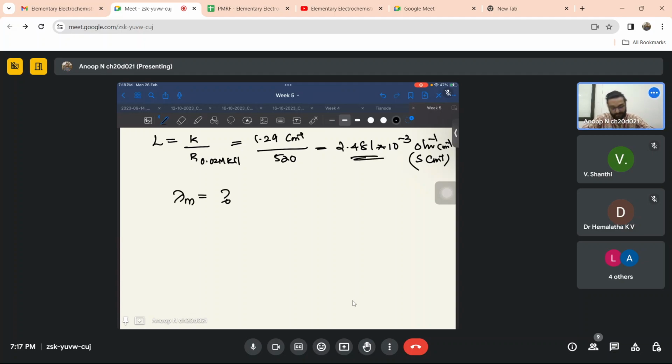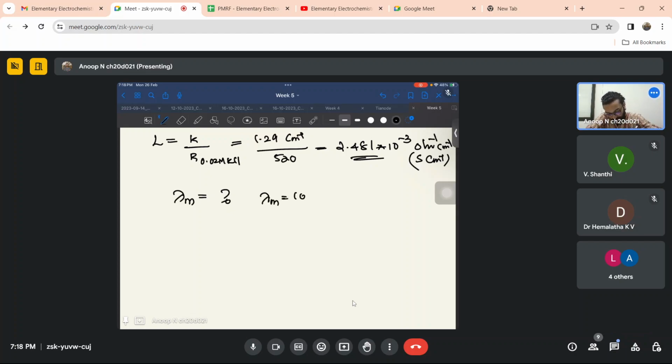Lambda m equal to... you did some mistake somewhere. So what will be lambda m?